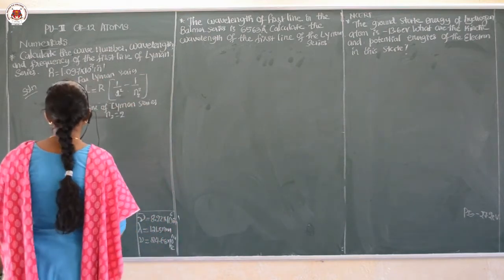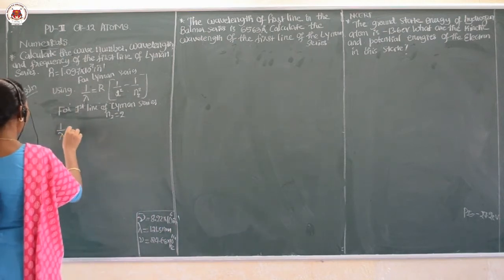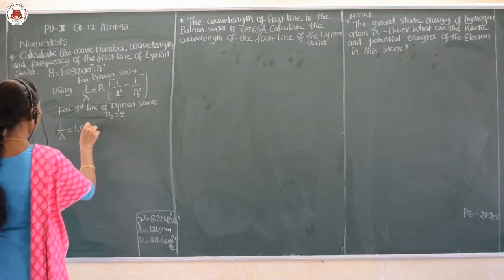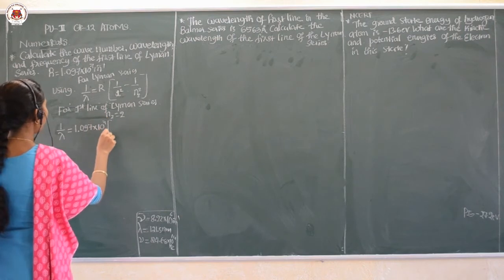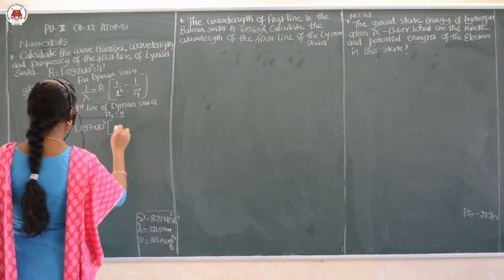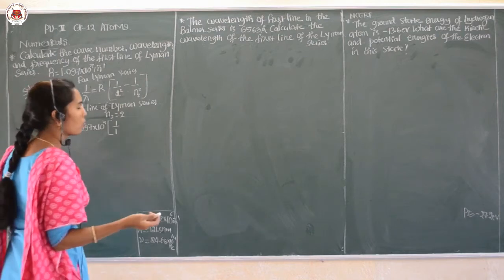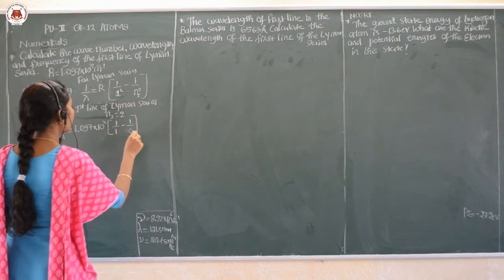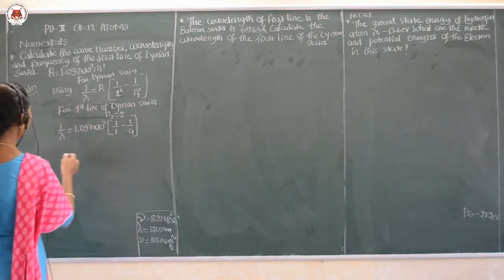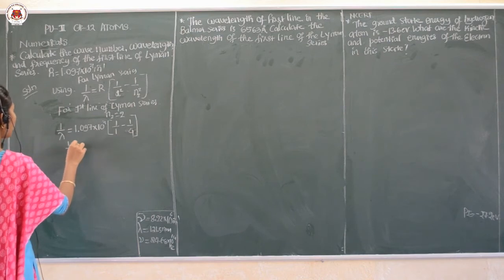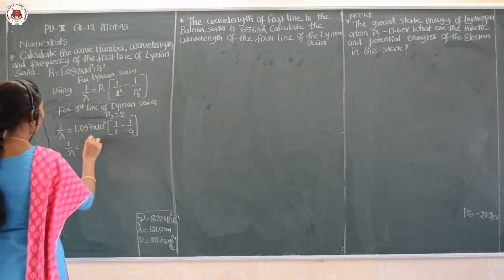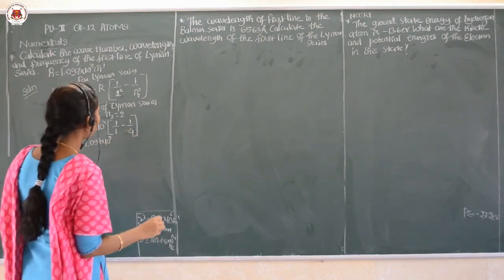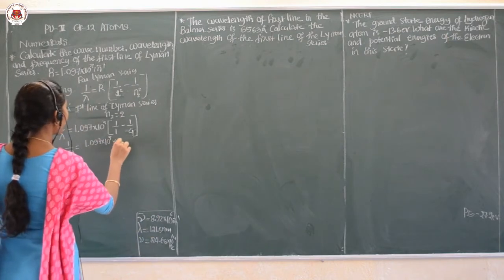Okay. Now let us substitute. 1 by lambda is equal to R value given here, 1.097 into 10 raised to 7 into 1 by 1, because 1 square will be 1 only, minus 1 by 2 square. 2 square means directly I write here 4 only, and simplify this. 1 by lambda is equal to 1.097 into 10 raised to 7, and if you take the LCM and simplify this, that comes 3 by 4 here.